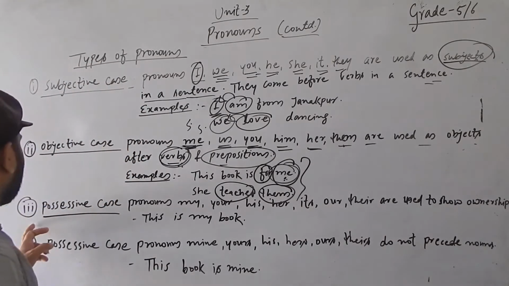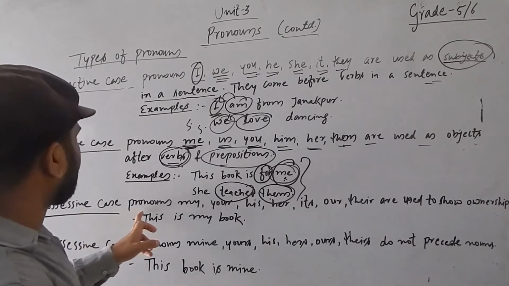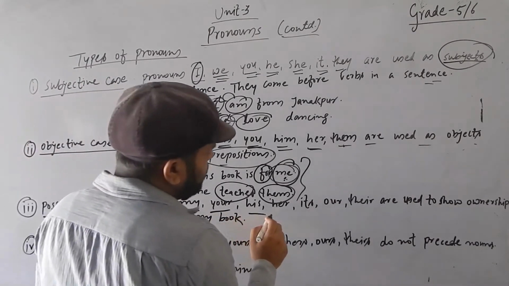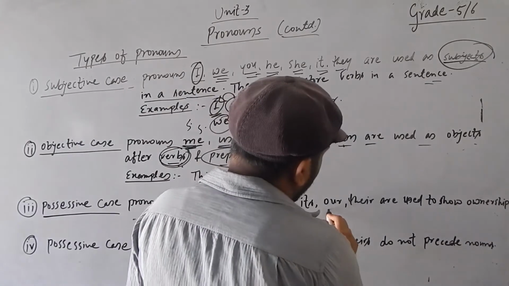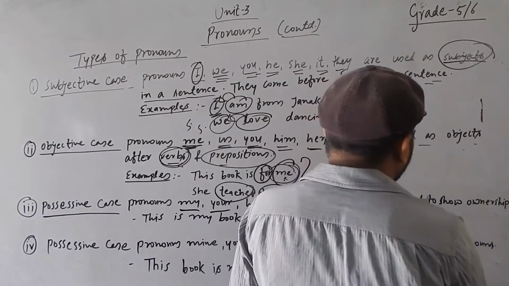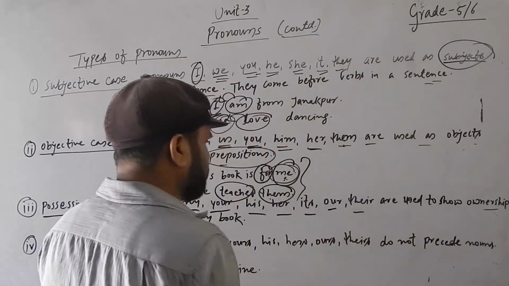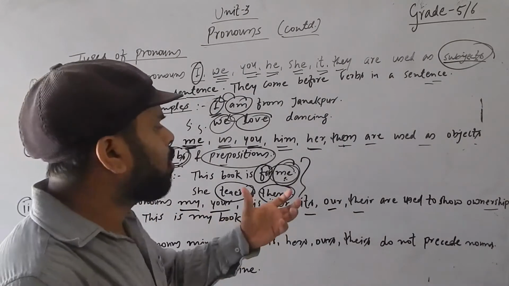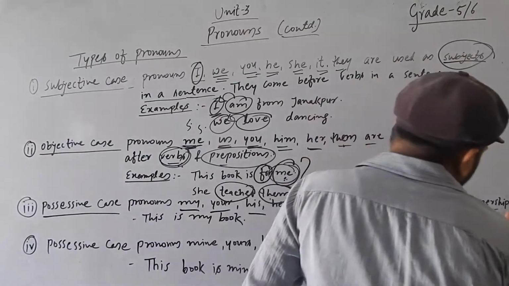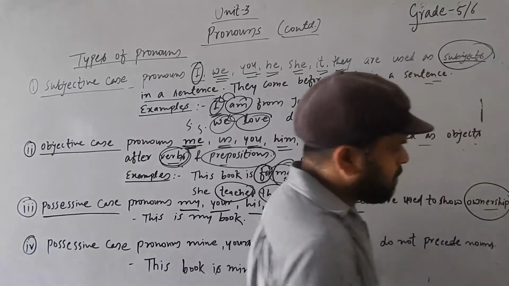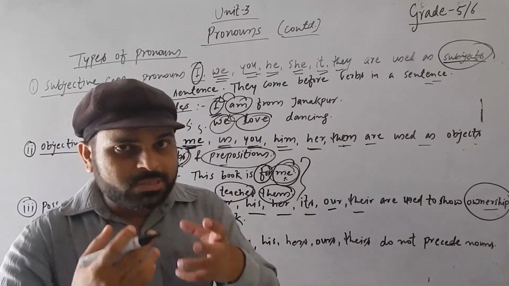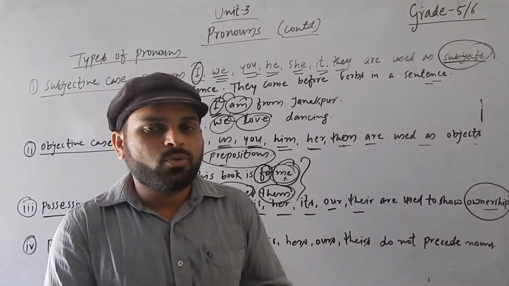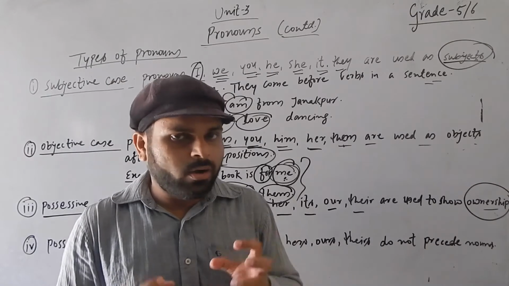Now next, possessive case. Pronouns mine, your, his, her, its, our, their are used to show ownership. They are used to show ownership. Yesterday also we discussed possessiveness, ownness, ownership. You own something or not.